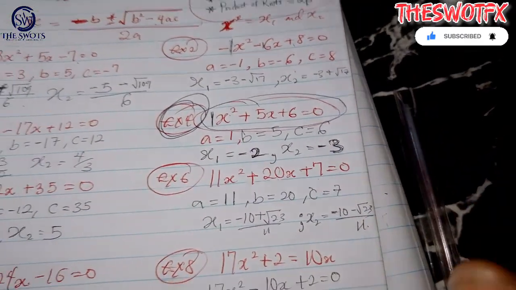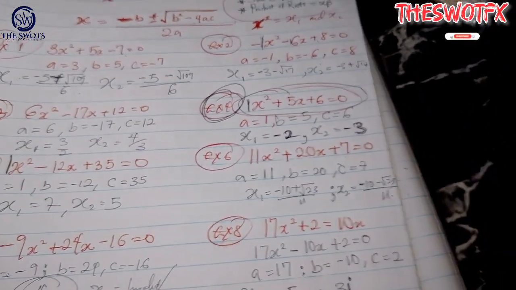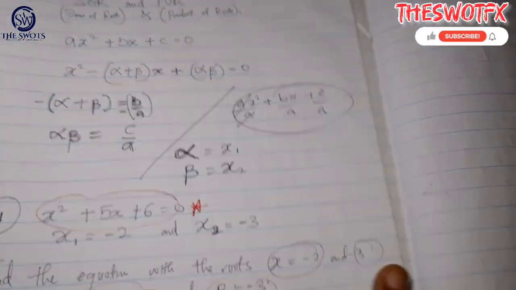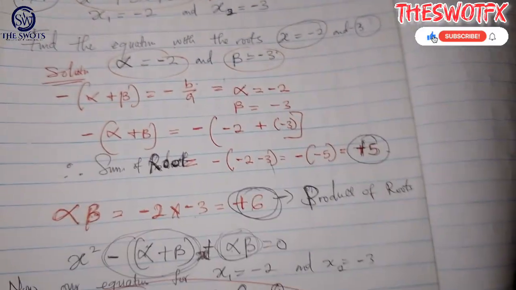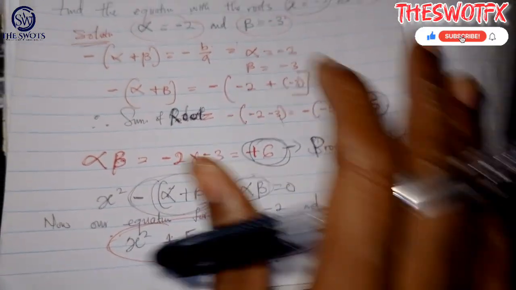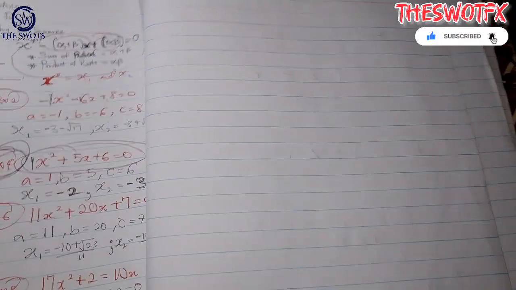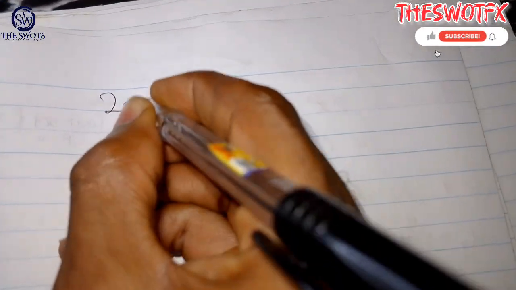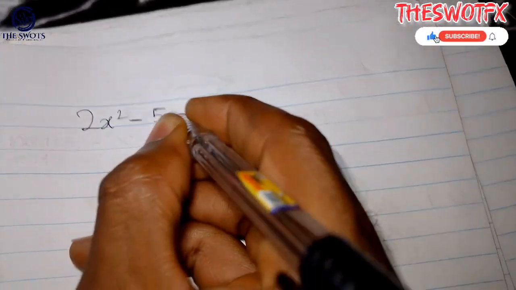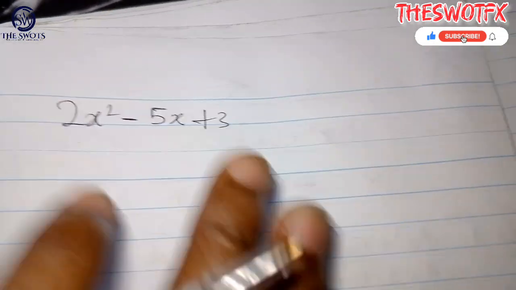So you can literally solve for some other questions like this. Let's take a look at another example. Let's say we have 2x² minus 5x plus 3.